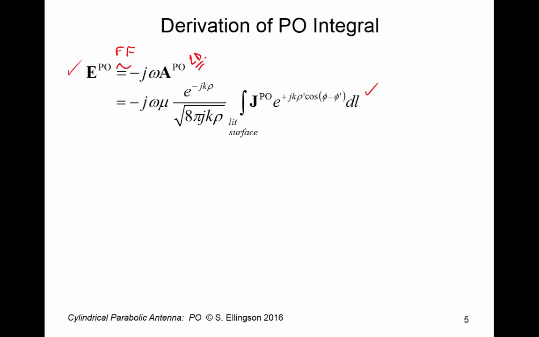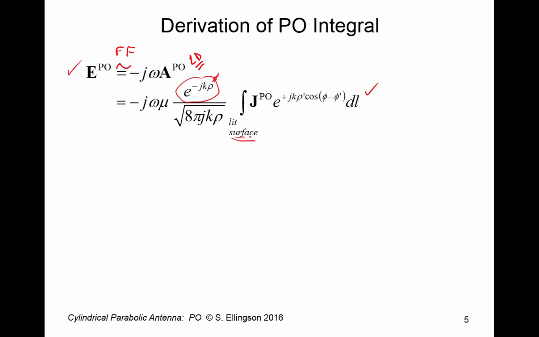So we end up with minus j omega mu e to the minus jk rho, where rho is now the distance from the origin, wherever the feed is located, over the square root of 8 pi jk rho.